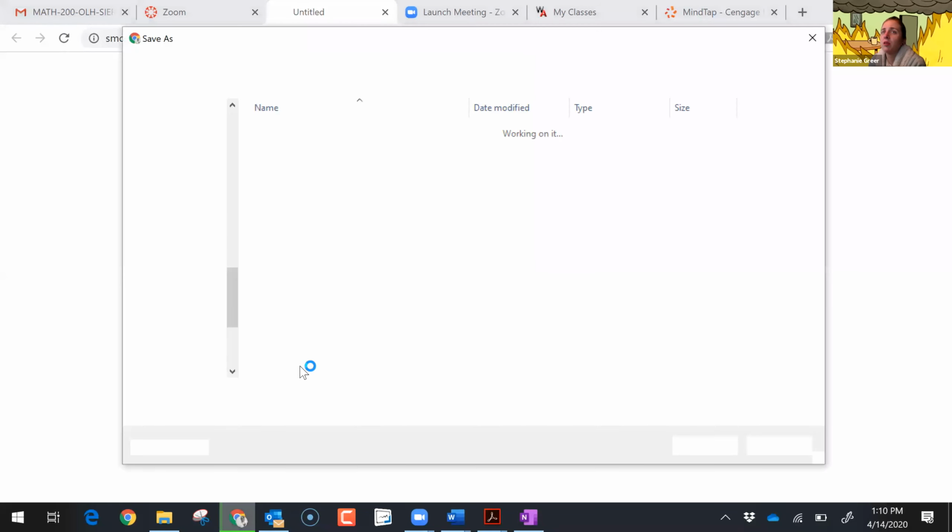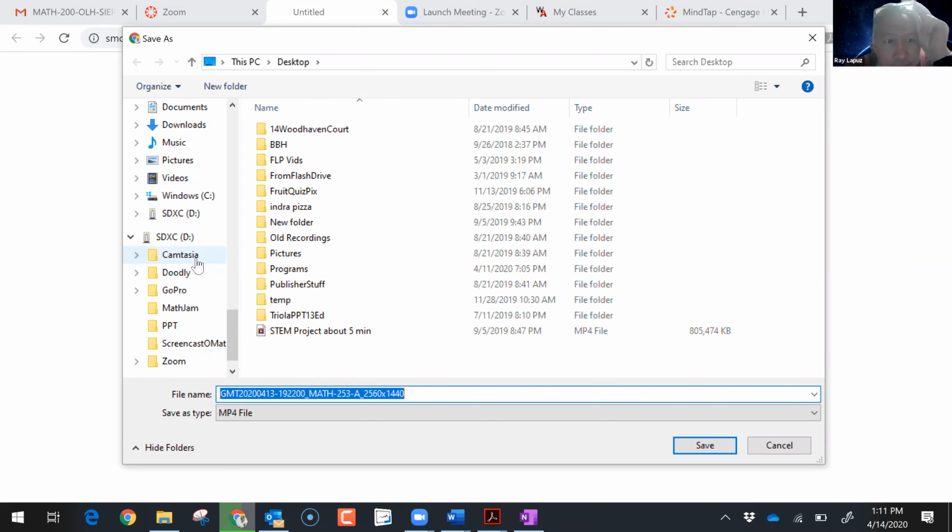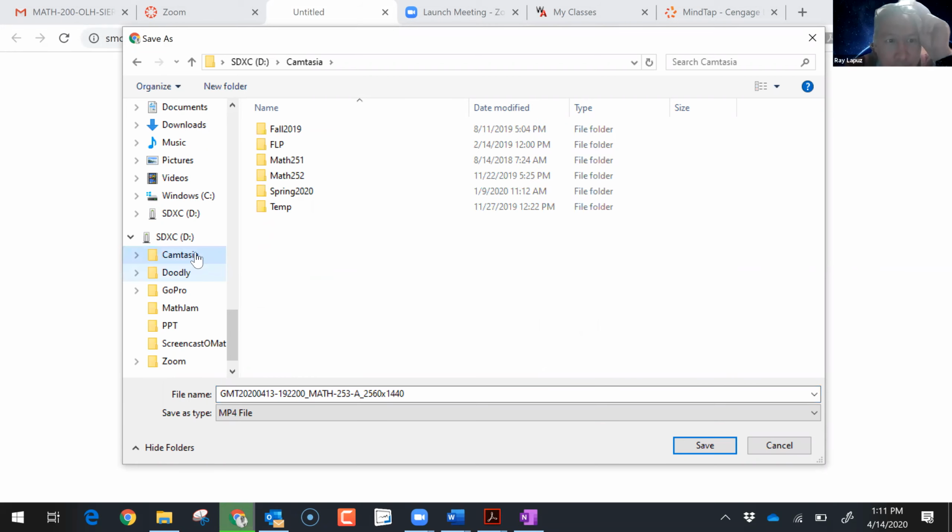I've tried both the link and from the Zoom, and I couldn't view it. Okay, that sucks. I'm going to have to download it. Can't you just upload it?